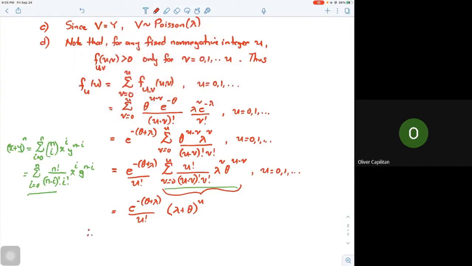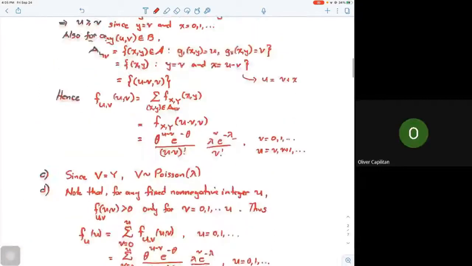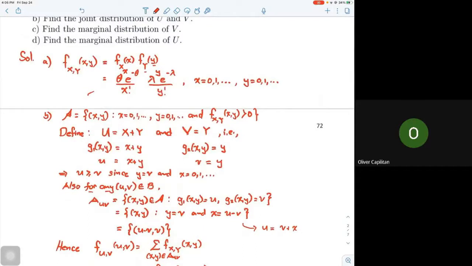Therefore, U has a Poisson distribution, with parameter theta plus lambda. Theta plus lambda, that's correct. That's our U.